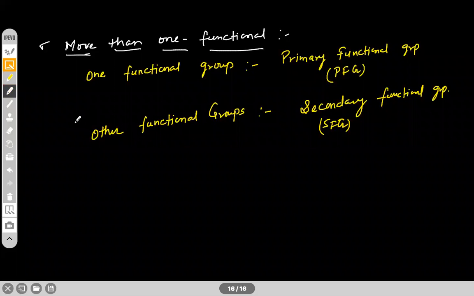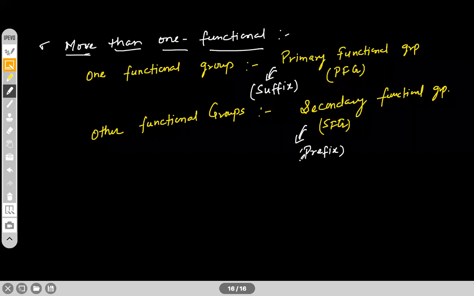Now, in the molecule, to write down the IUPAC name, we will write the suffix of the primary functional group. For secondary functional groups, we write prefix, not suffix. The secondary functional group can be one or more than one.